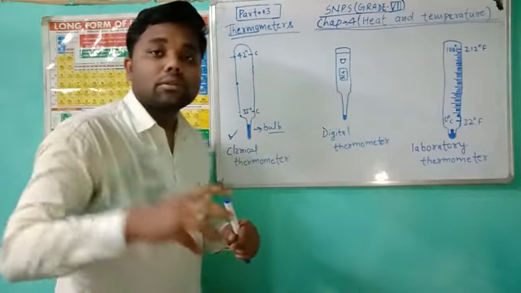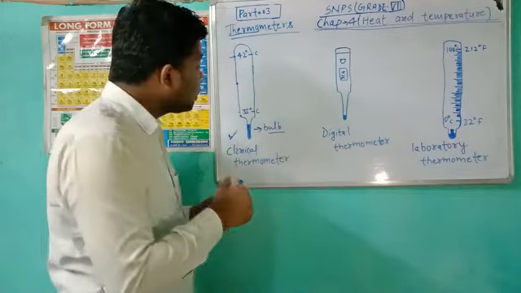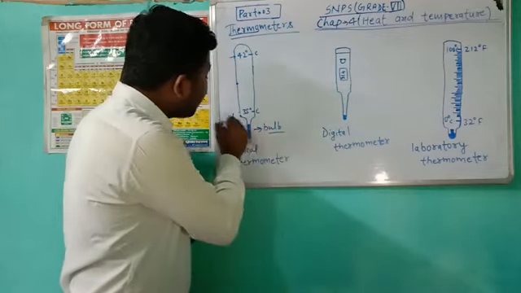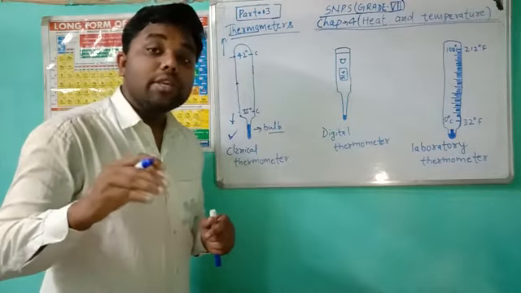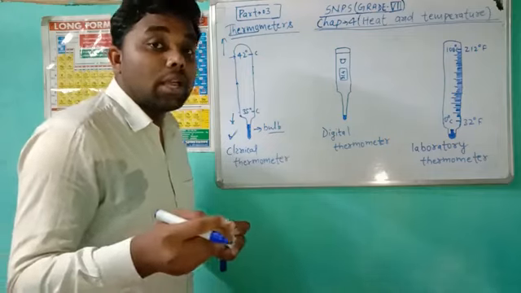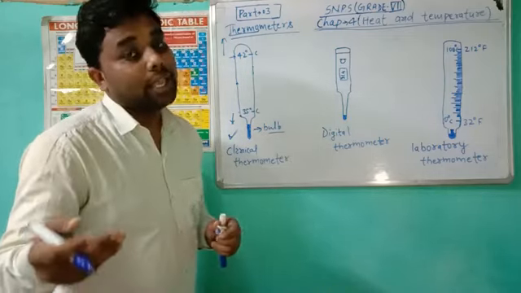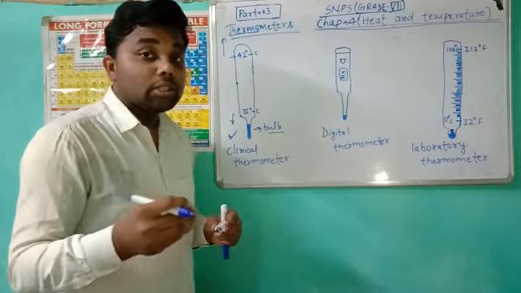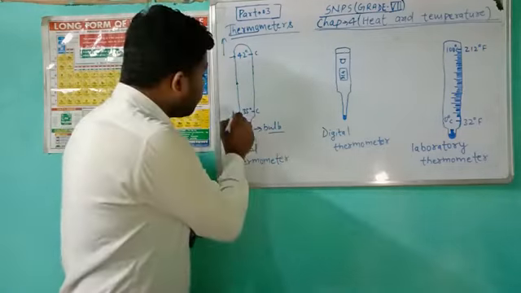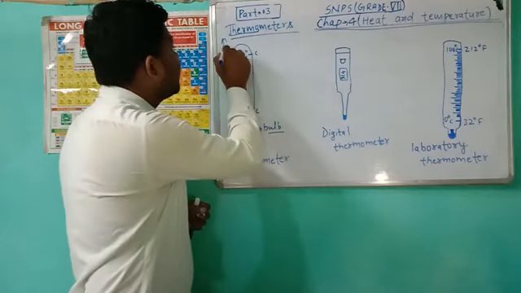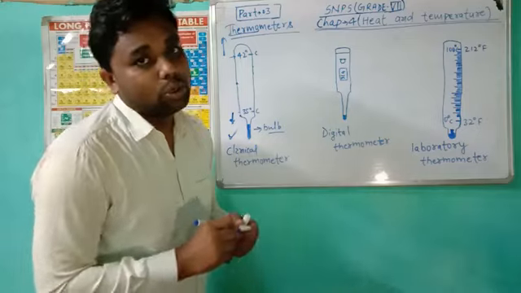Our body does not go lower than 35 degrees or higher than 42 degrees. If it is so, then the human body dies.